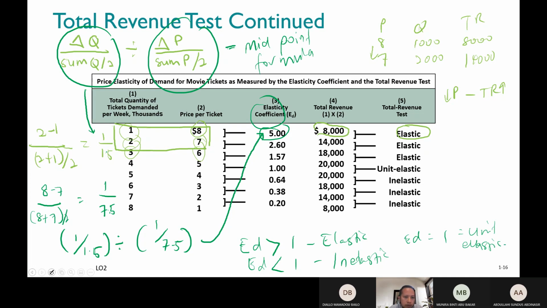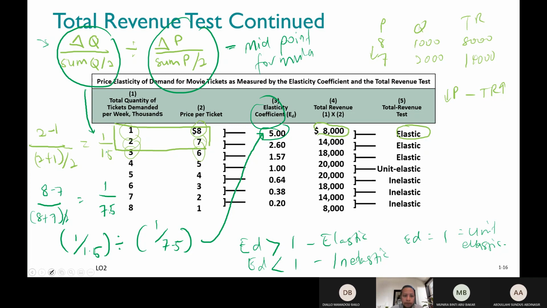Okay, so usually in some final exams, this is something that you need to know, because it will be asked. You will be asked to calculate the elasticity coefficient, or to know whether the good is elastic or not, right?